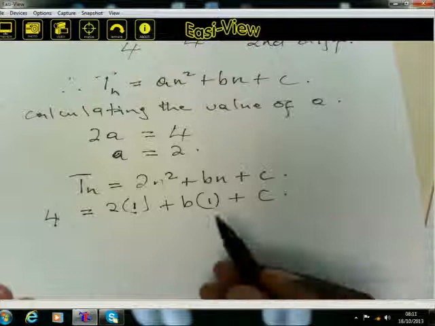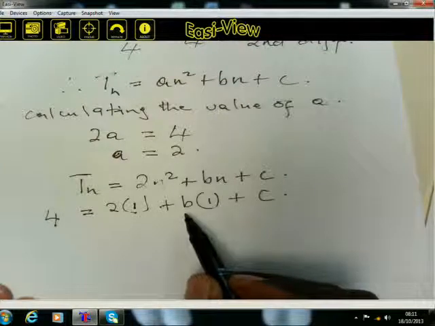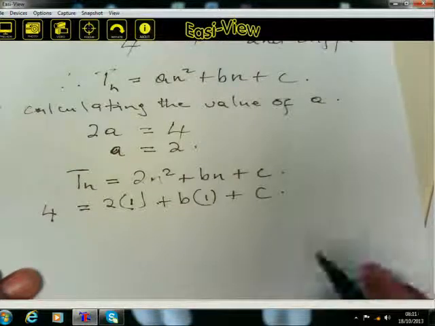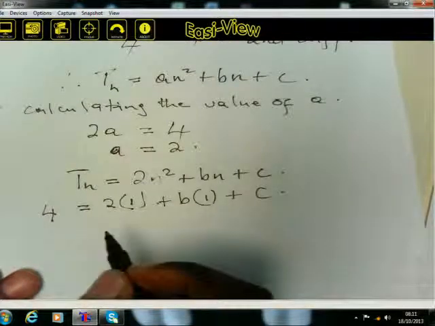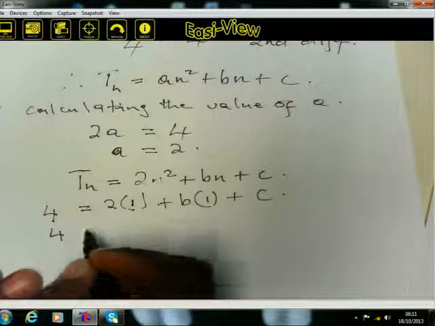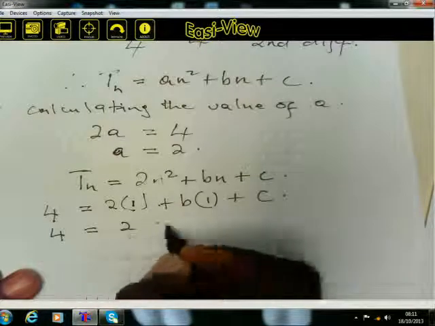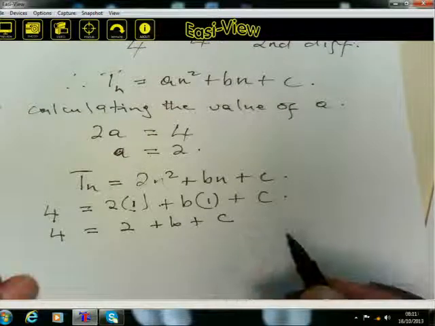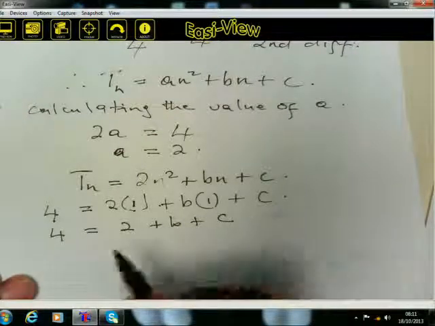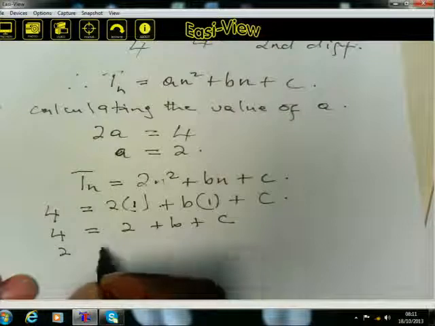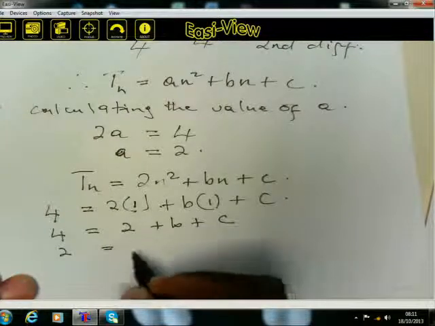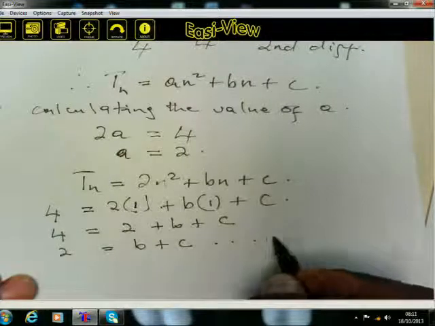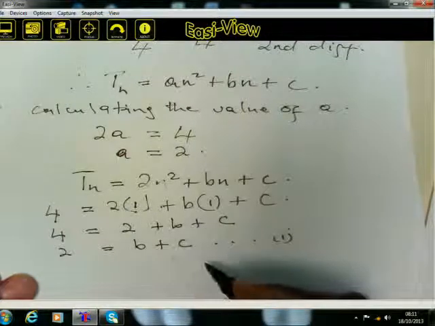In other words, we are able to get the values of b and c by using what we call simultaneous equations. Therefore, here 4 is going to be equal to 2 plus b plus c. And then ultimately, 2 will be equal to b plus c. Now, this is an equation that is having b and c.